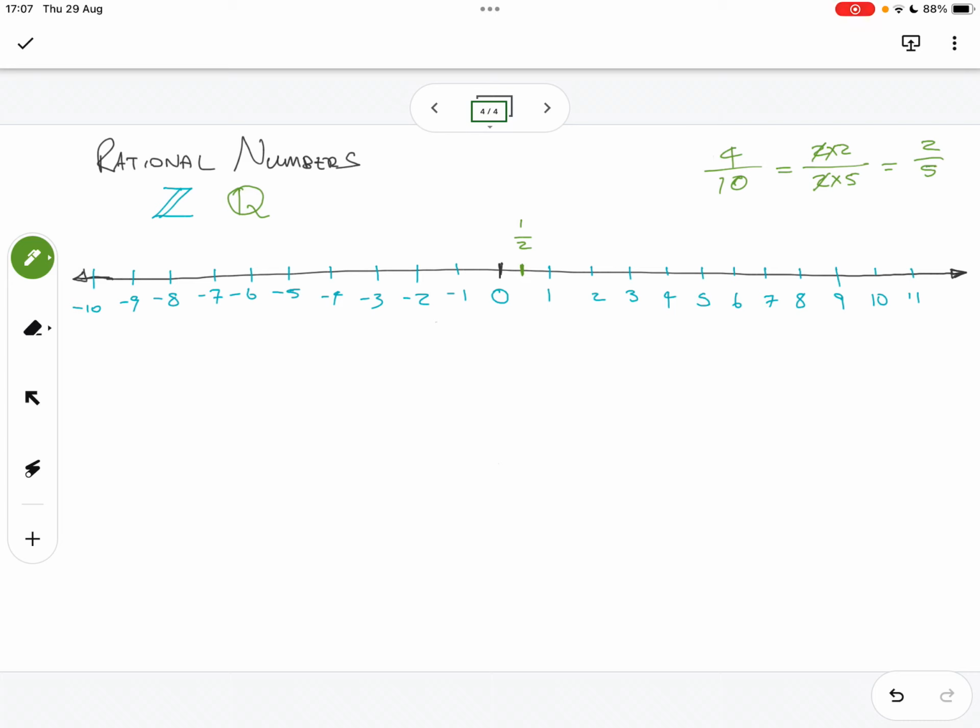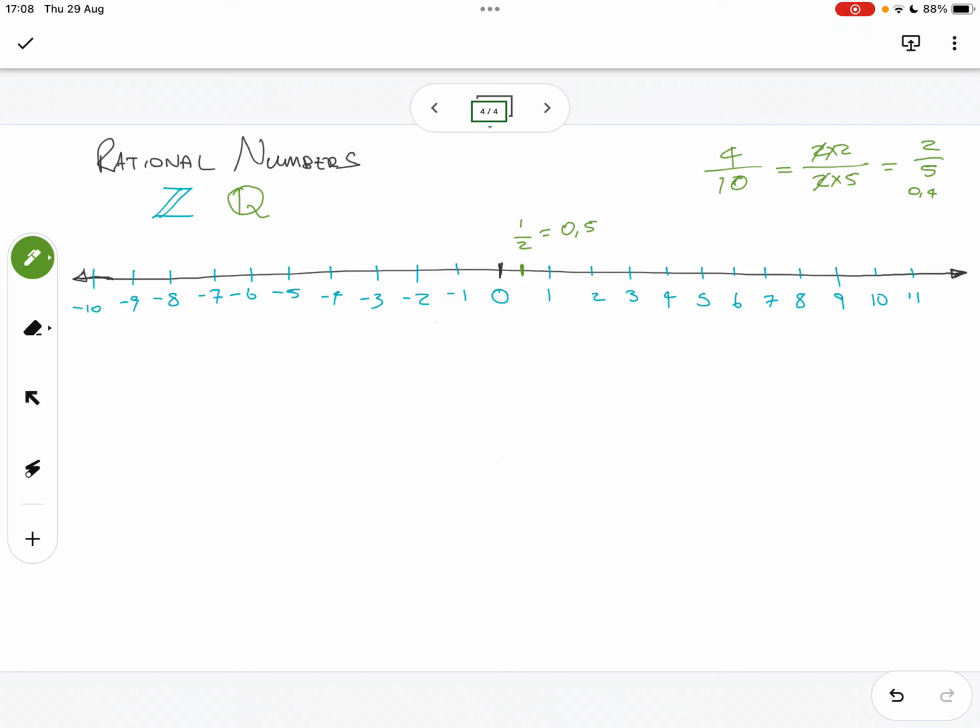So what does this tell me? If I take a calculator and I take the number 2 and I divide it by 5, then I get 0.4, all right? A half equals 0.5, okay? So 1 divided by 2 is 0.5.